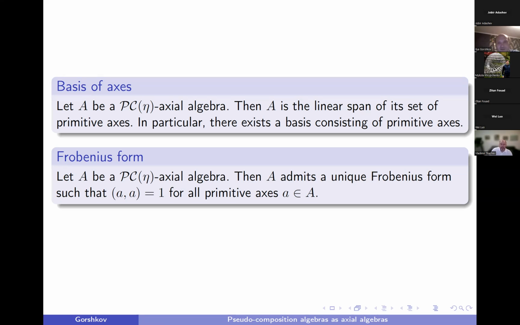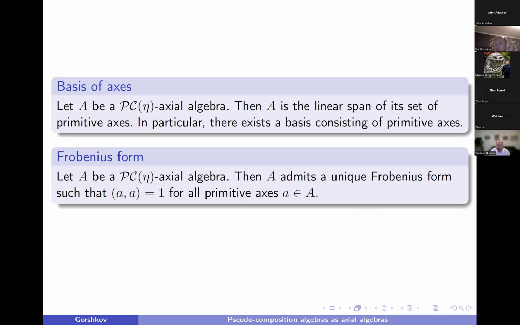More or less the same situation occurs in algebras of Jordan type half. In Jordan type algebras, there is always a basis which consists of primitive axes.